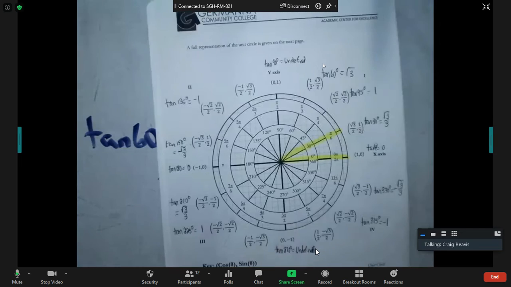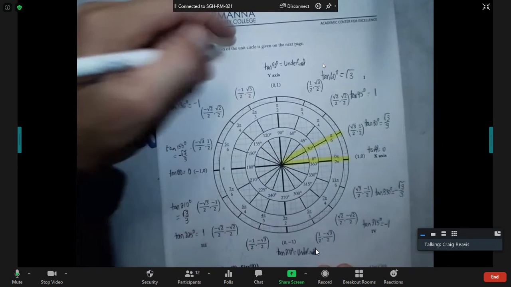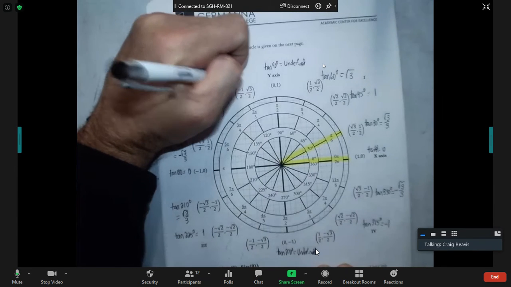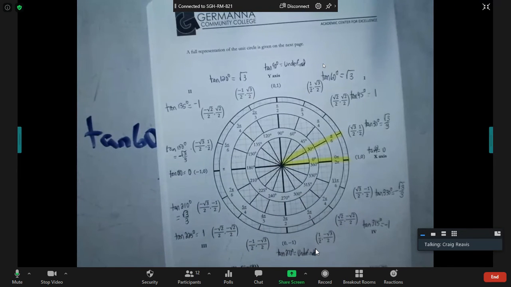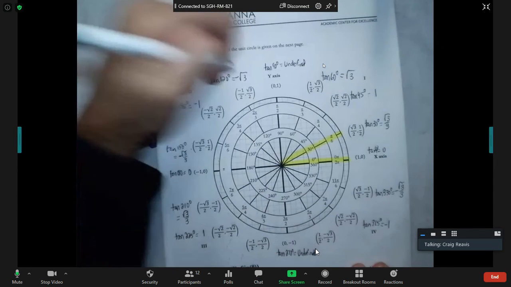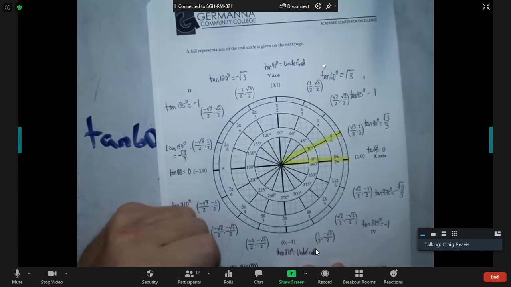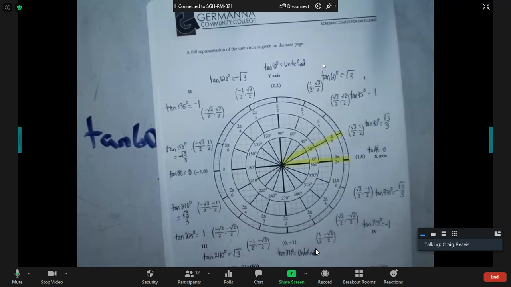All right, now let's go over to quadrant 2. That's going to match up with the 120 degree angle. Tangent 120 degrees is square root of 3. And we know tangent is negative in quadrant 2. So that's a negative square root of 3. Down here in the bottom, tangent of what? That 240. We know it's square root of 3. It's negative over a negative. We know tangent is positive in quadrant 3.